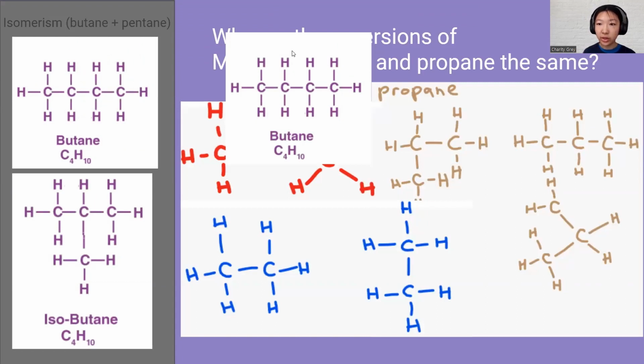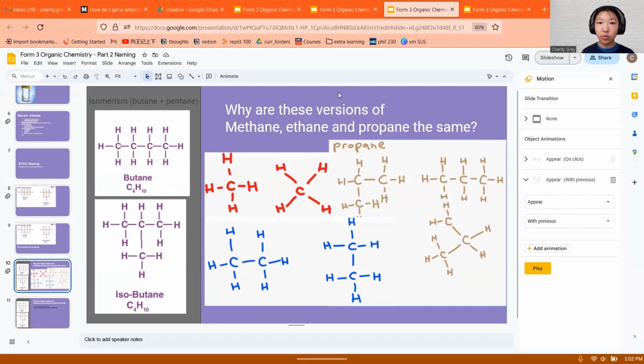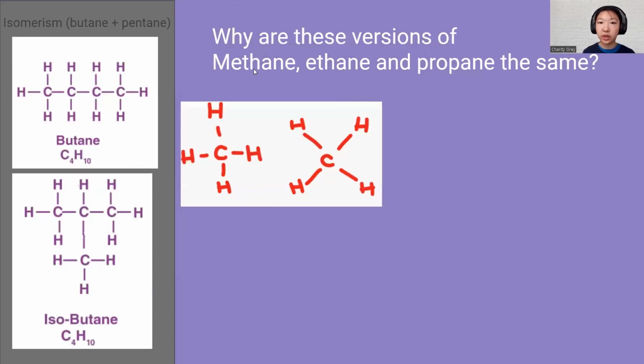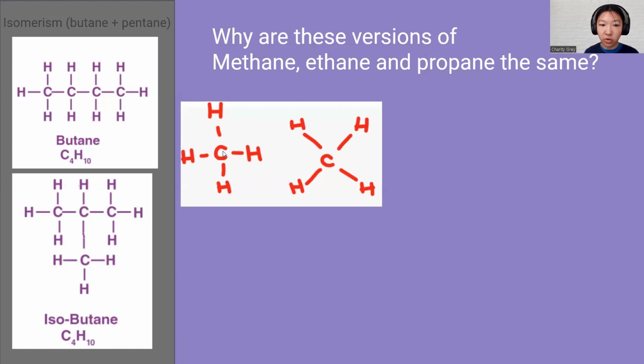Can you see my screen here? So we can look at some examples. Why are these methane, ethane, and propane molecules the same? Let's look at this methane molecule. It has 1 carbon and 4 hydrogens.